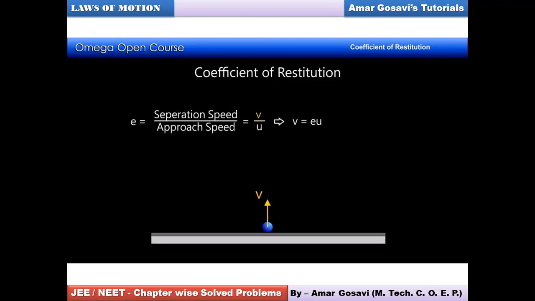Please make a note of it, and once you are done, let me know so that we move ahead to the trickier analysis, because here the ball was moving vertically down. Now, at times, the ball can move in an inclined manner. Most of your entrance examination questions are based on collisions which happen in an inclined manner.